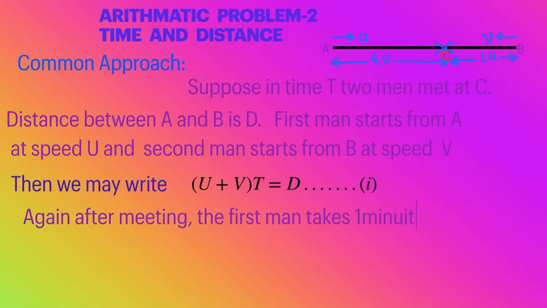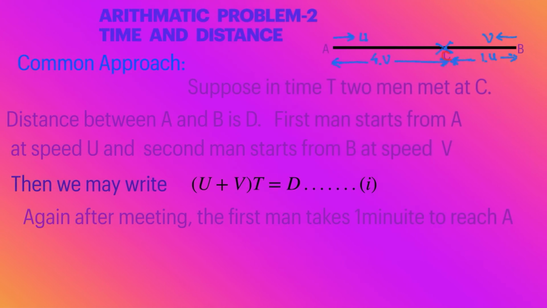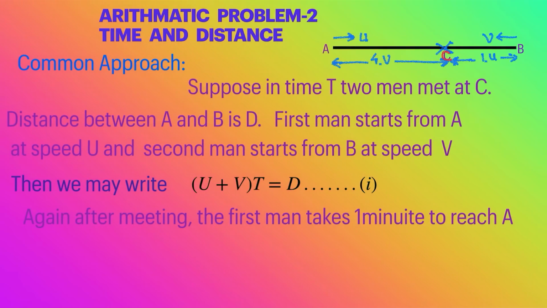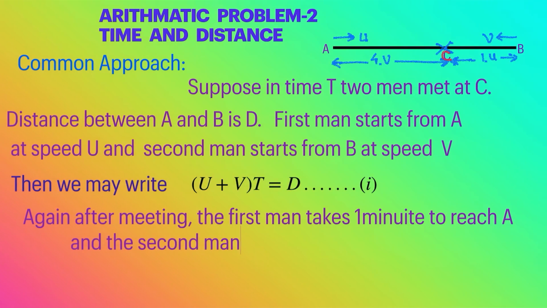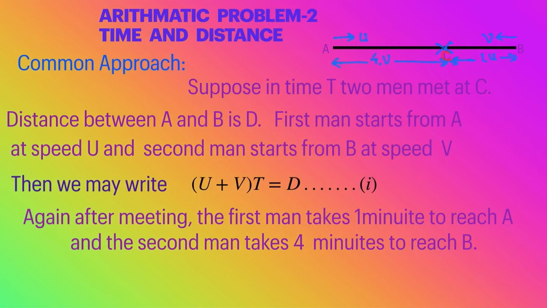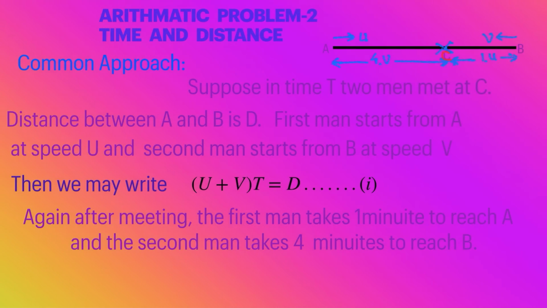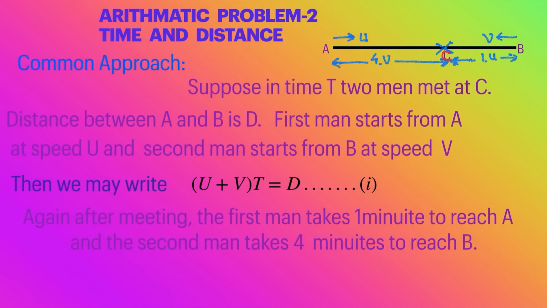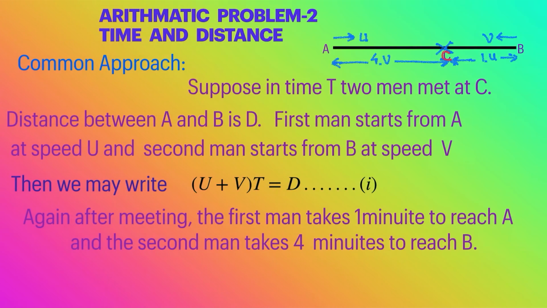And again, after meeting or crossing, the first man takes 1 minute to reach A. The second man takes 4 minutes to reach B. So the first man takes a total time of t plus 1 minutes to travel the whole distance AB, that is d.